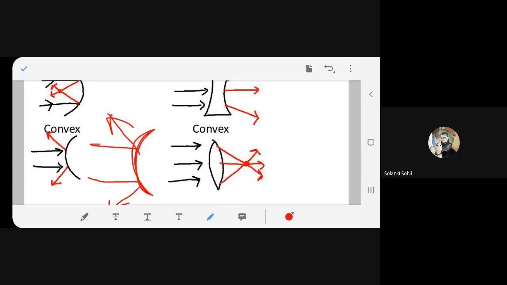Now the convex lens: what is happening? It comes here, it goes down. It comes here, it goes there. Where does it meet? Here. So you get the image over here. Is it clear? Over here, we make it with dotted lines, and here will be the image. You understood?